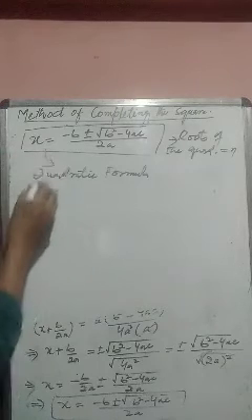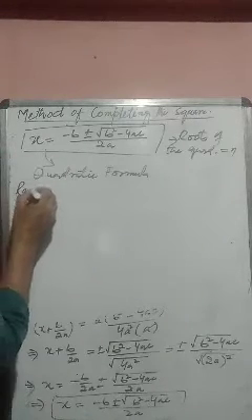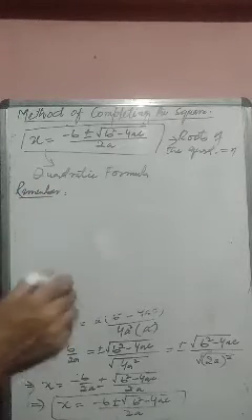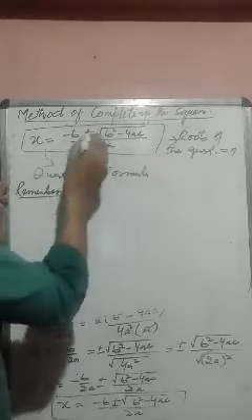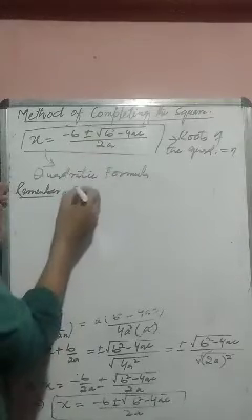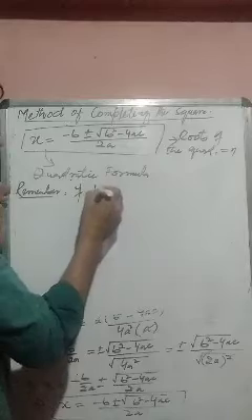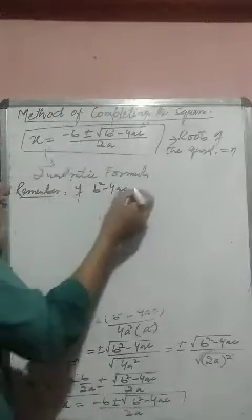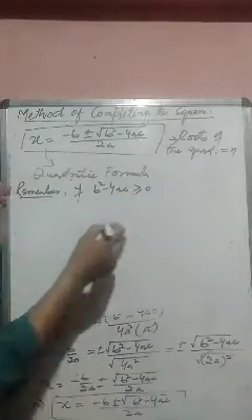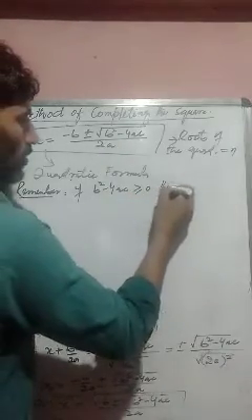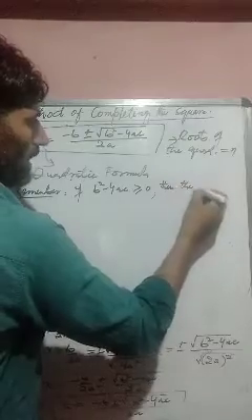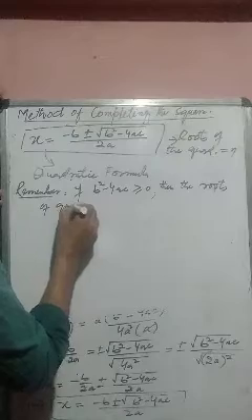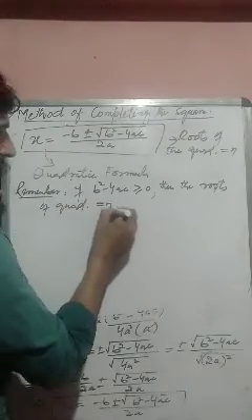Now see here, you have to remember one thing here. When do the roots of the quadratic equation exist? Here, in case of the quadratic formula, if b square minus 4ac, the number which exists in the square root, is greater than or equal to 0, then the roots of the quadratic equation exist.